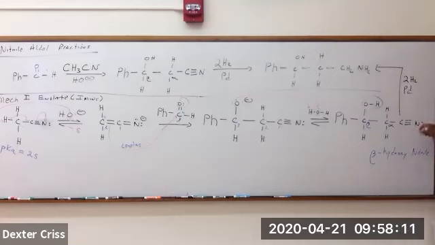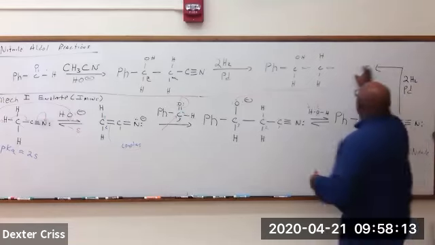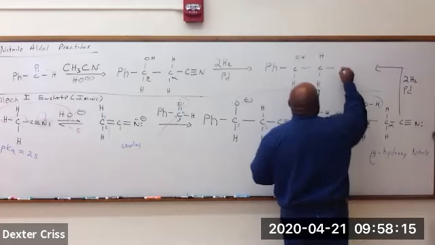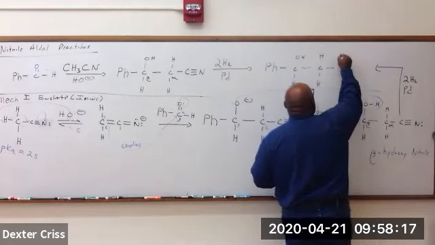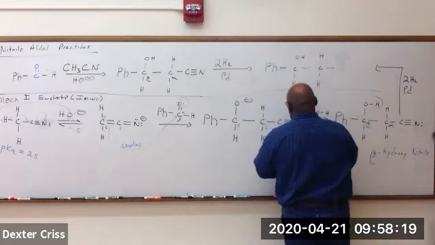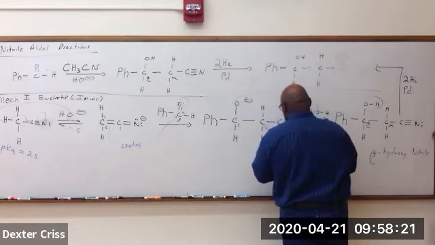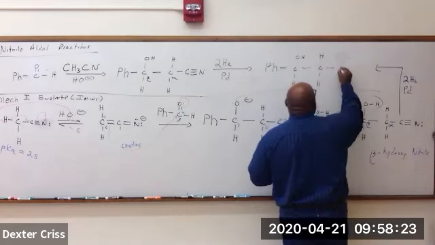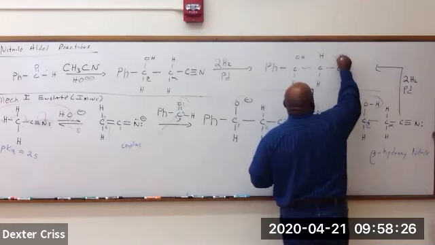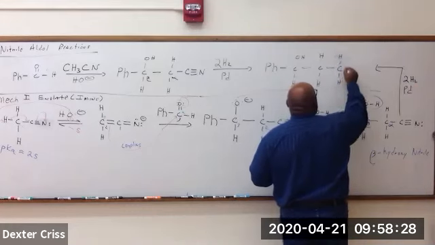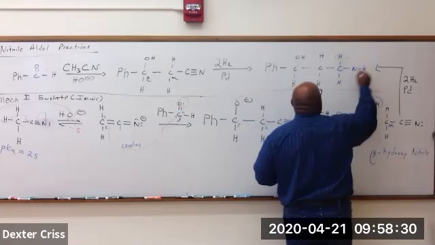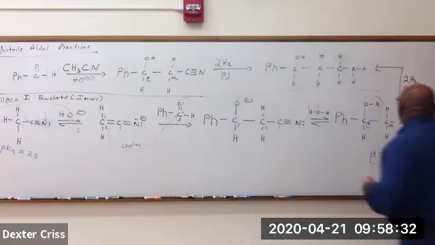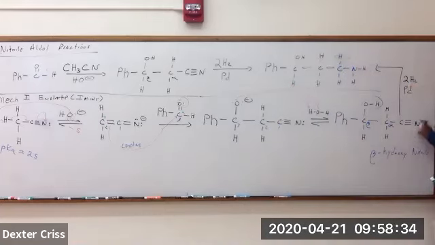It reduces the nitrile to this amino group. In fact, I'm going to draw it out in green. You get a reduction of the nitrile to the amino group, like so.